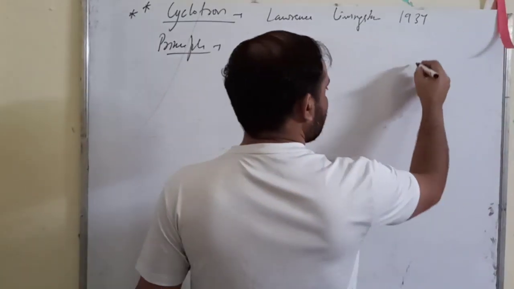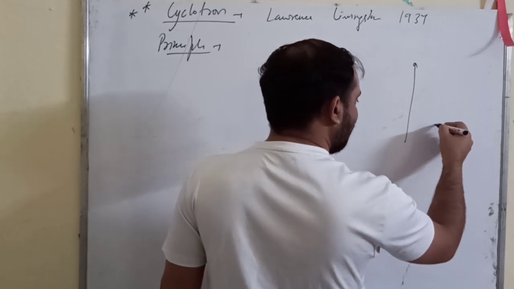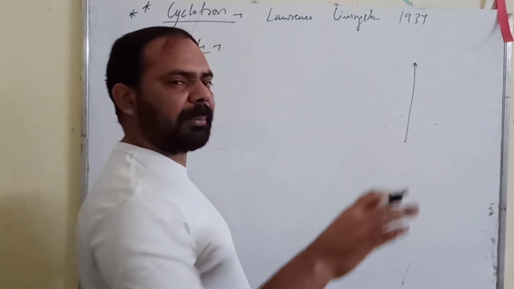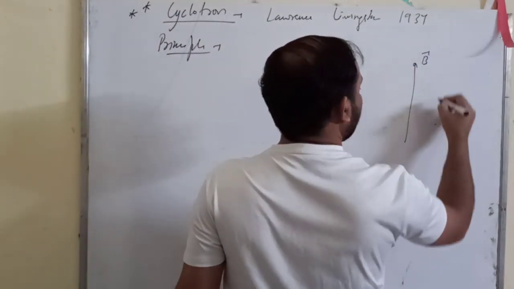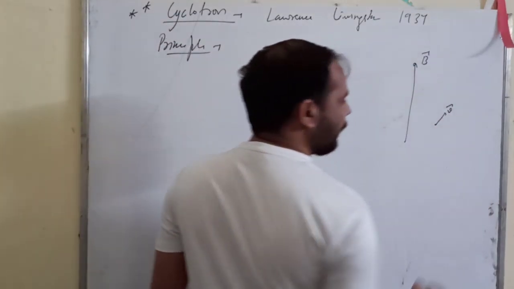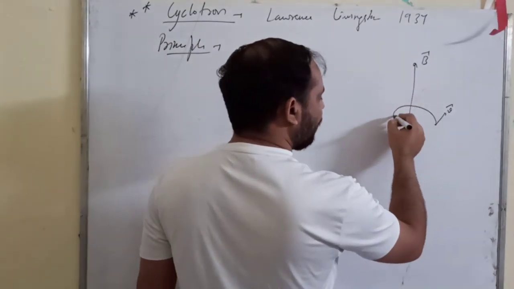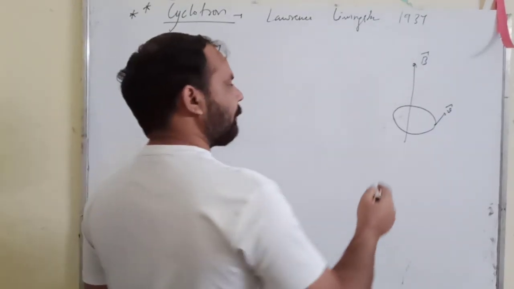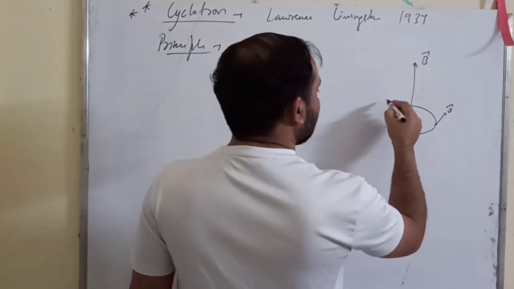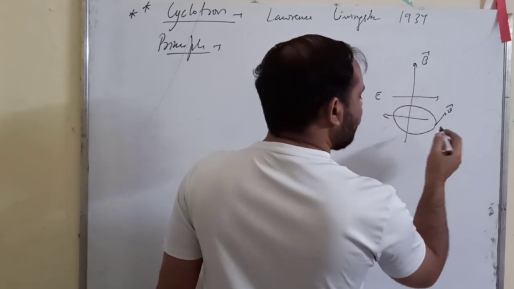Suppose we have a magnetic field, and a charged particle enters here with velocity perpendicular to the direction of the magnetic field, right? Then we know that this charged particle will move on a circular path. Now if at the same time I make some arrangement that I create an electric field like this or like this, then what will happen?